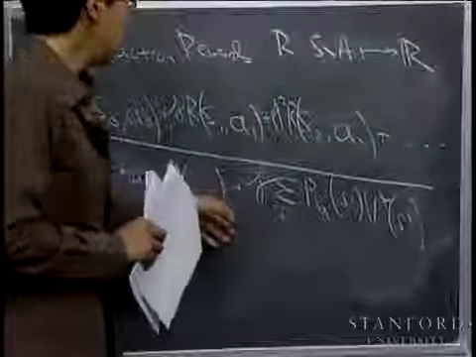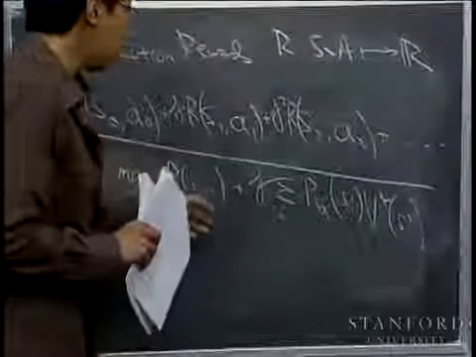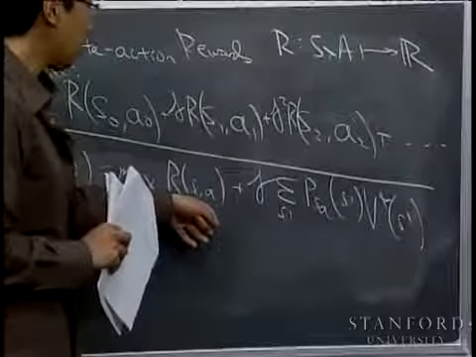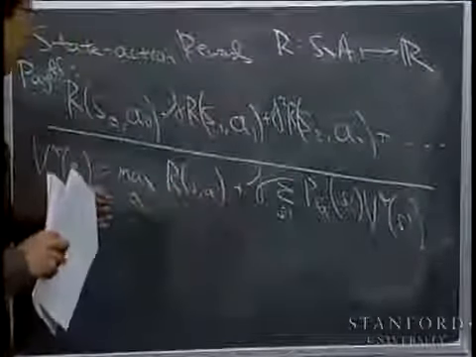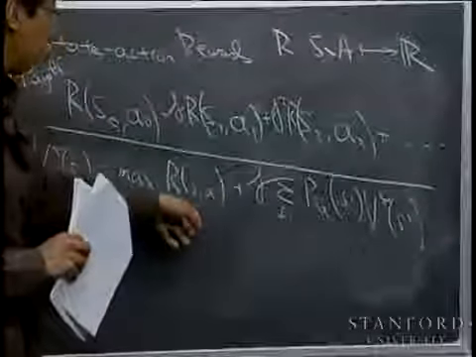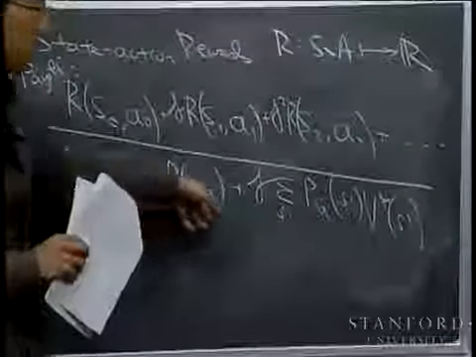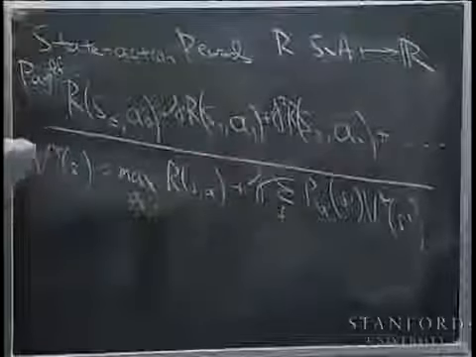This is your expected total payoff if you take the action A from the current state. And V star is the optimal value function, so your actual optimal expected total payoff is the max over all actions of this thing on the right.